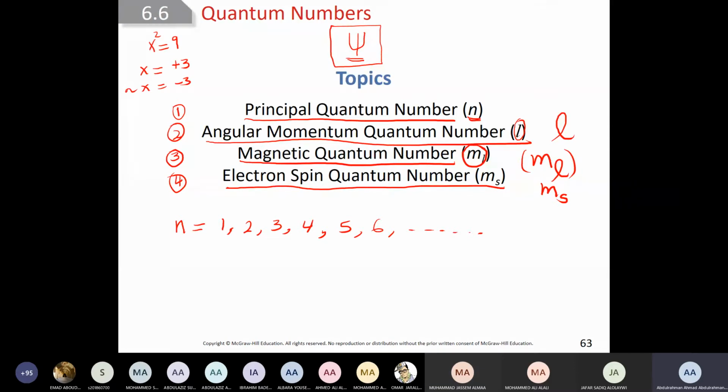Usually we don't pass 8 or 9, but you can go higher. Usually 6, 7, 8, and maybe 9, and then we stop there. Approximately. Maybe there is 10, but we will not reach this value. Clear? Any question? Good.